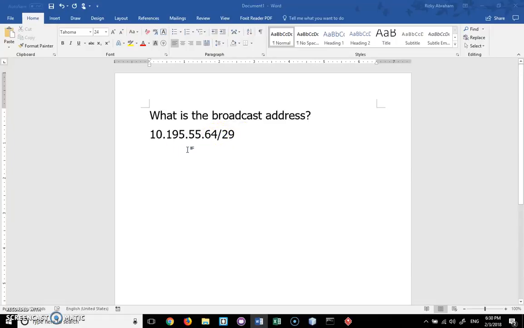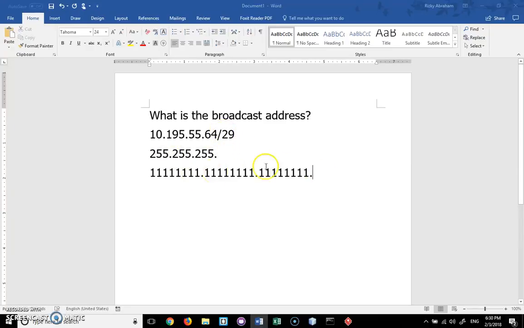a decimal number. 29 means it has 29 bits out of the possible 32, so that means it would have 255 and then 255, that's 16, and then 255, that would be 24, and then if we do it in binary it would be 1 2 3 4 5 6 7 8, and then that's the number that we have to figure out.